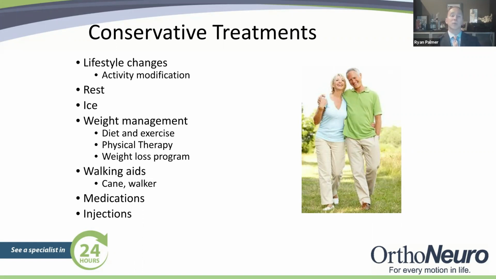We want to make sure that we're managing our weight through good diet and exercise. Sometimes that also includes physical therapy or a weight loss program, depending on how elevated the weight has become over time. We'll sometimes need walking aids such as canes and walkers to offload the joint. This can be temporary, this can be permanent. But certainly certain medications and injections are often part of the treatment as well.